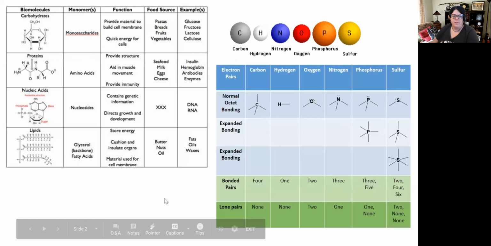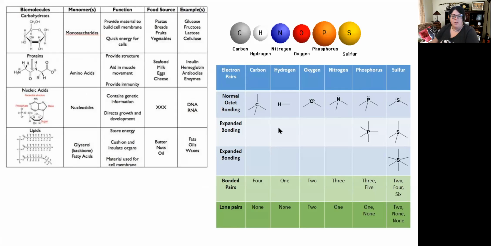So just to start out with a little chemistry background here, the things that we care about the most from chemistry are carbon, hydrogen, nitrogen, oxygen, phosphorus, and sulfur. The other elements are very important, but when we're talking about the things in our cells, these are the most plentiful.